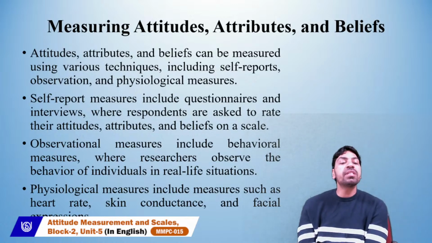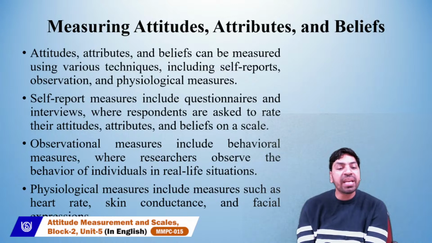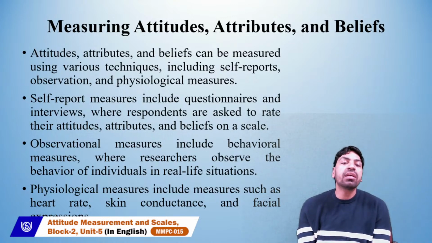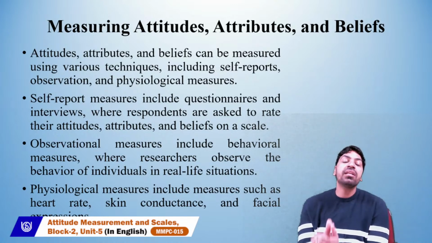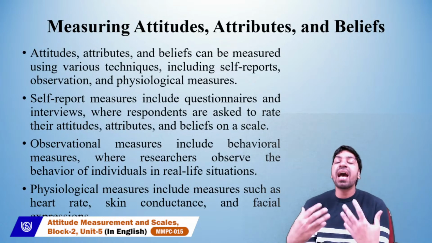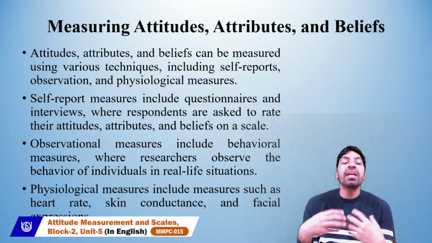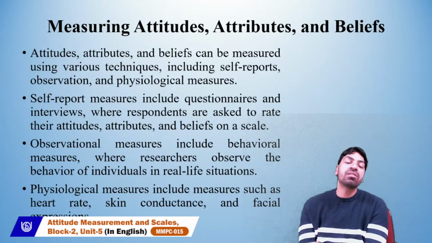The next one is physiological measures, which include measures such as heart rate, skin conductance, and facial expression. If I don't like chicken, I will make an expression of not liking it. That comes under physiological measures, where the researcher is trying to assess your facial expression towards an object or idea.